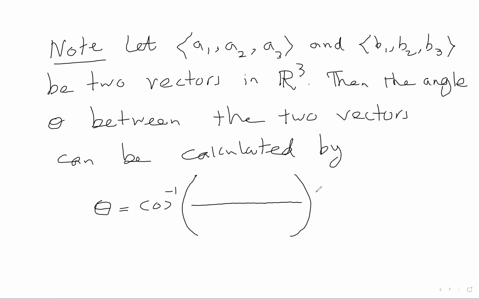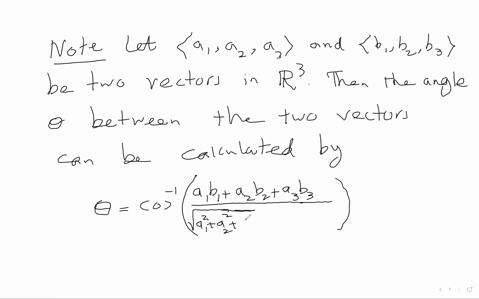On the top, I will have A1 B1 plus A2 B2 plus A3 B3. At the bottom, I will have the length of the first vector, which is the radical of A1 squared plus A2 squared plus A3 squared, times the length of the other vector, the radical of B1 squared plus B2 squared plus B3 squared.